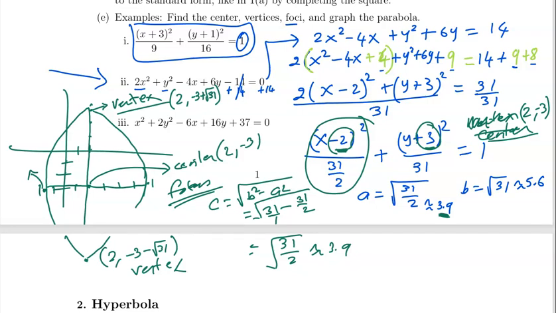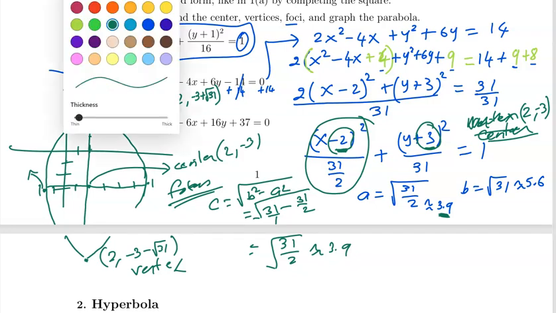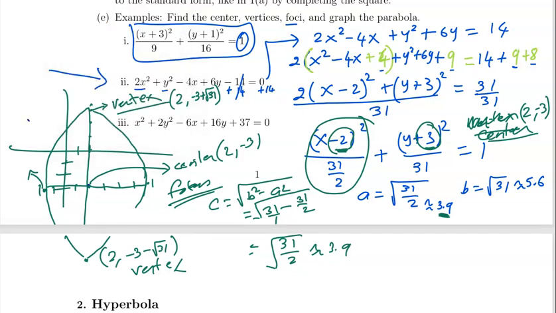I'm going to use a different color here, going back to purple. From the center, 3.9 is this, and that's my focus. From here you go 3.9 down, and that's my other focus.